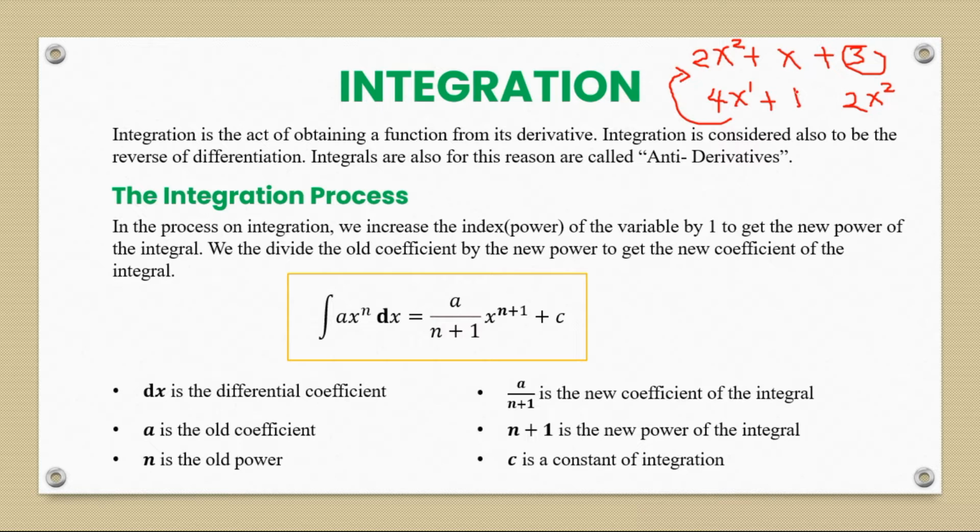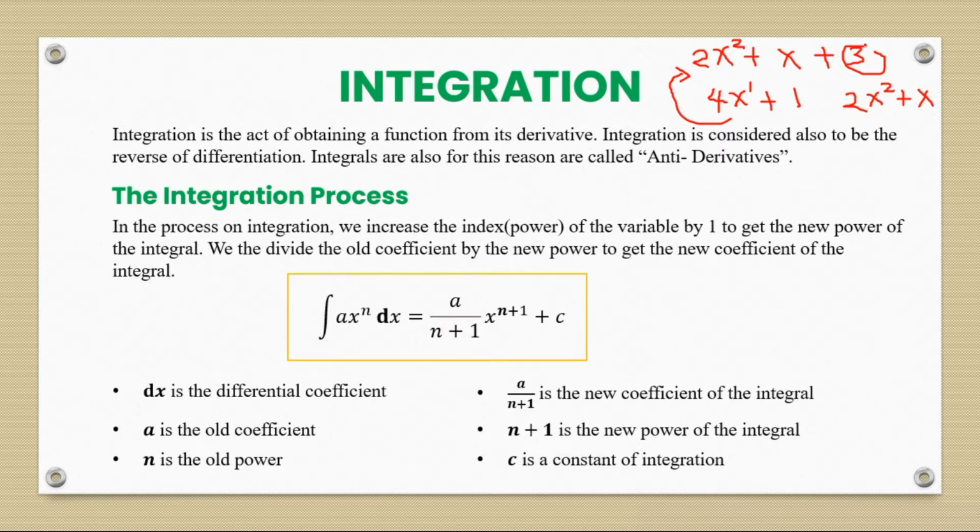Then where there is this 1, remember that basically means we have an x to the power 0. So we add a power 1 to that 0. So 0 plus 1 is 1. So we shall have x, and then we divide 1 by that new power 1, which is actually 1. So we just have an x.